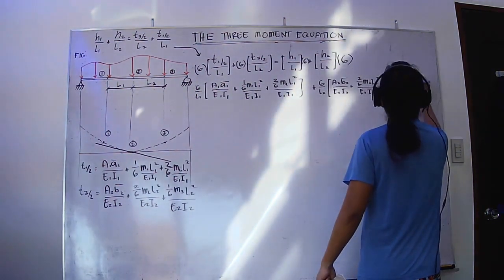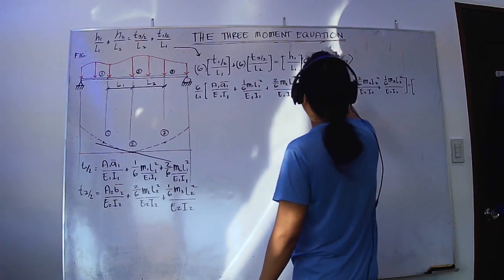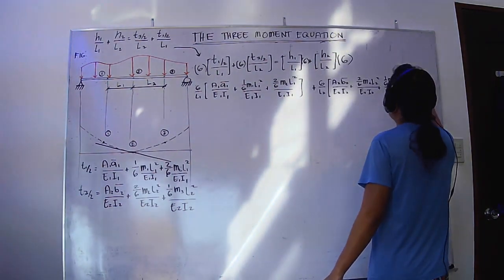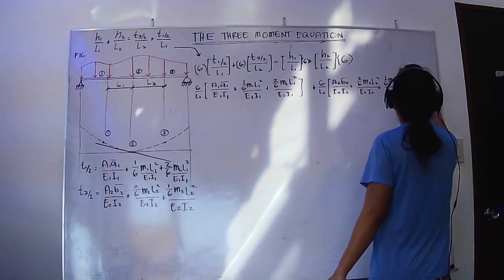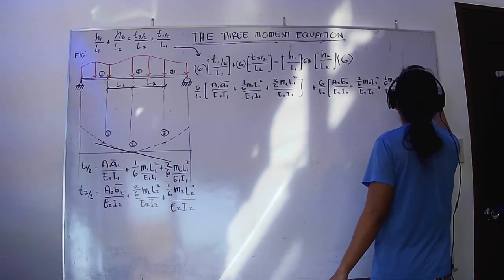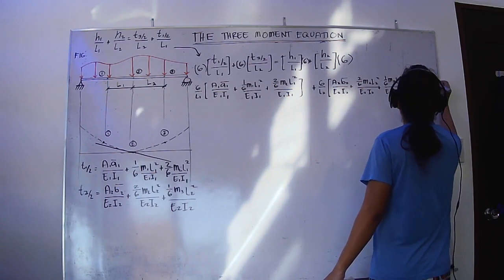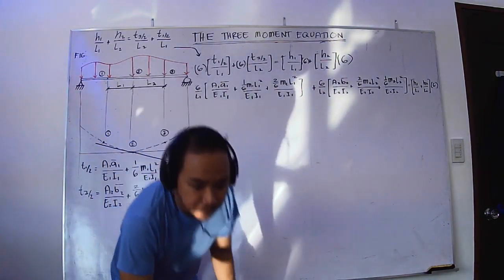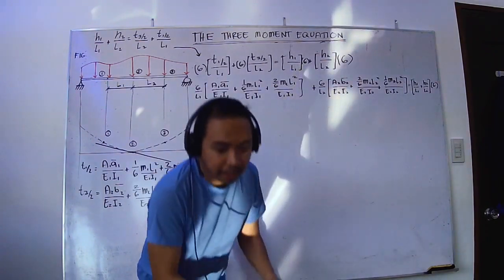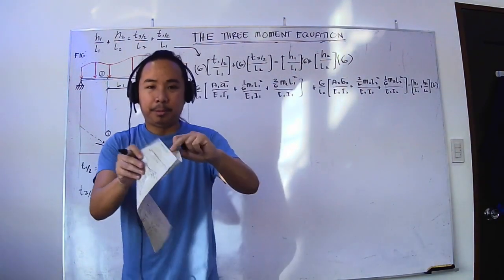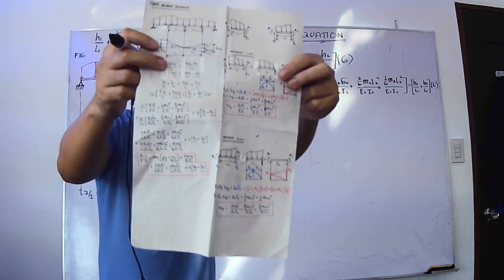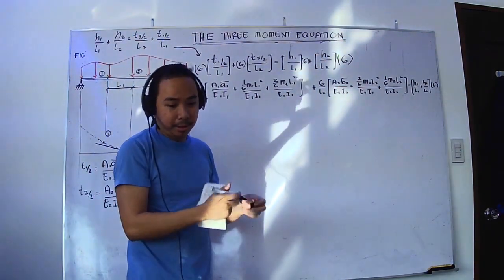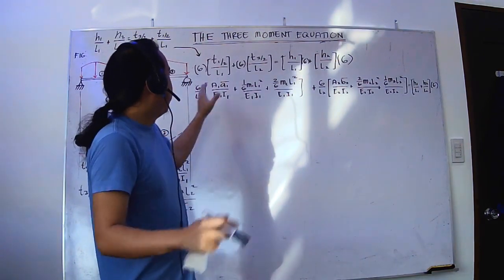I'll just insert this stuff here: H1 L1 plus H2 L2 multiplied by 6. I just hope it is clear to you. If it is not clear, I have my notes, and I can post them in the group if you say it is not clear. Okay?